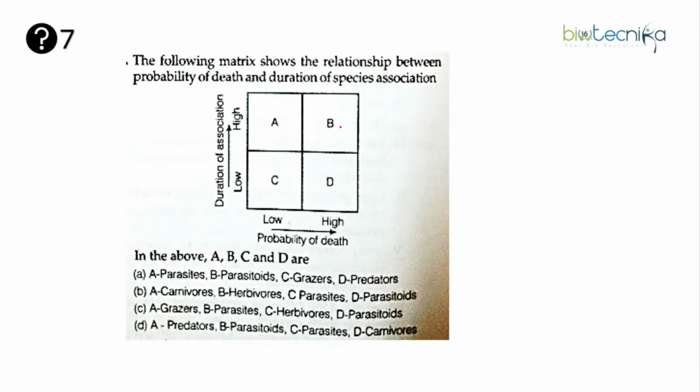So now if you place them, take up each and every category and first place it yourself. Don't look at what they have given you, A for parasites or A for carnivores and all. No. First you look at the categories, the different relationships that has been given here.